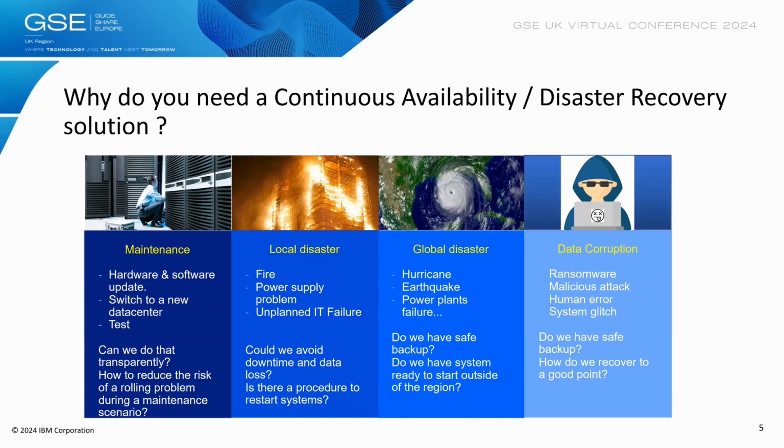Plus, it's important, once again, to have predefined procedures to be able to recover from this uncorrupted version of the data. So for all these scenarios, GDPS offers different solutions to mitigate or even eliminate the impact of such events. And this is mainly what we will discuss in the next few slides.